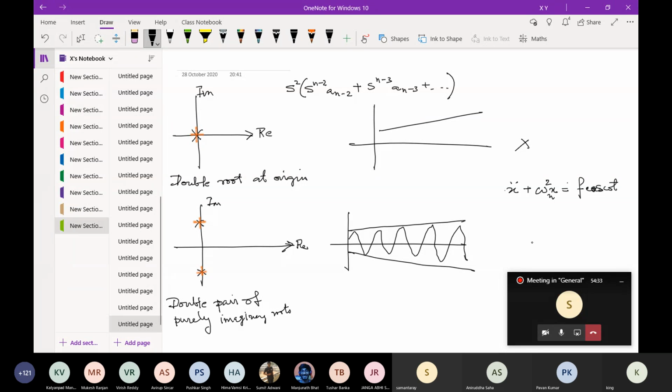In that case, when you consider the full solution, you will have one part which will be of the form a cos omega t, and you will also have a2 t cos omega t.